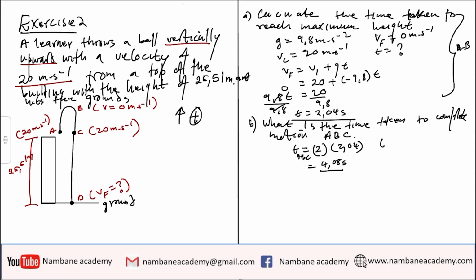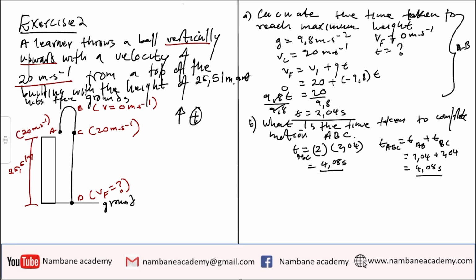However, I prefer to say T of ABC is actually T of AB plus T of BC, to indicate that I understand the issues of symmetry, which will be 2,04 plus 2,04, which will give us 4,08 seconds. It's basically the same thing, just playing around with weights.